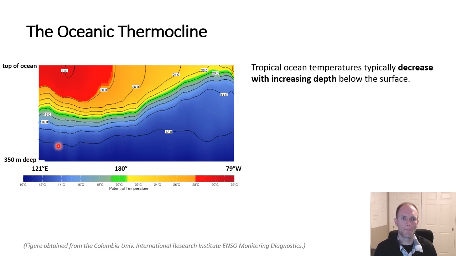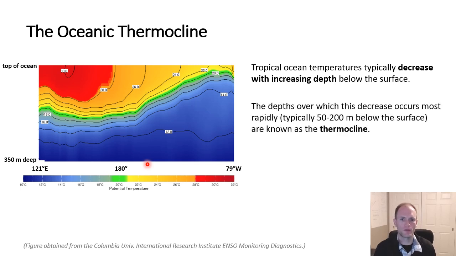a little bit more deep in the ocean. In general, these ocean temperatures decrease with increasing depth below the surface, but they don't do so uniformly across the ocean basin. The depths over which this decrease is most rapid, so where you have these contours most tightly packed in the vertical and where the colors change most rapidly within the vertical, is known as the thermocline.